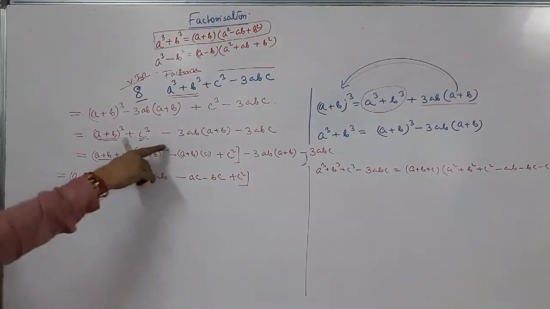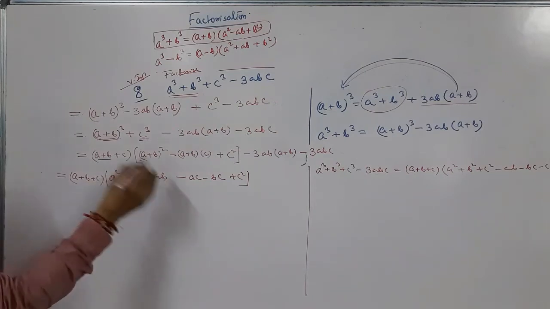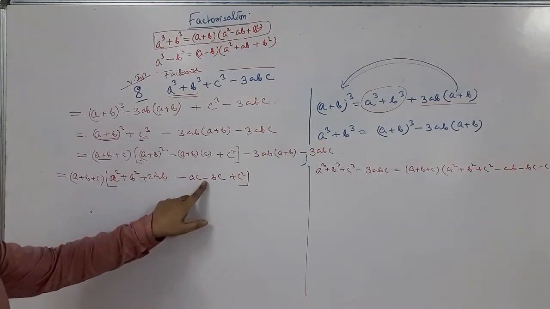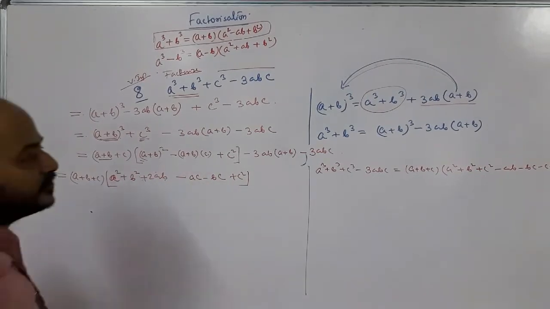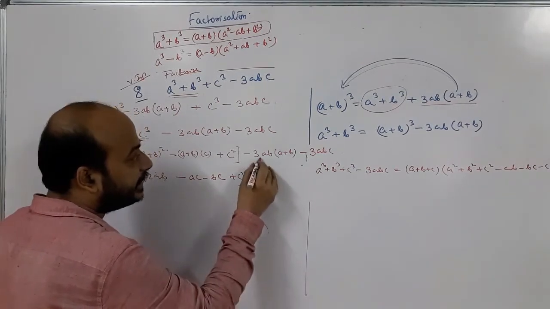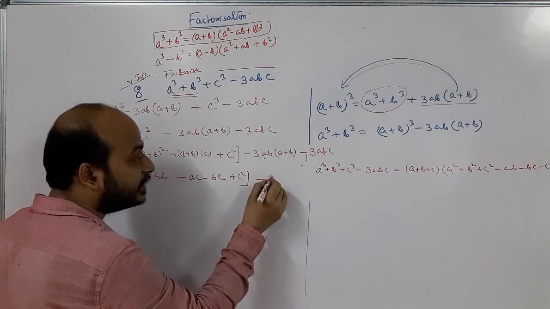So it is a plus b whole square: a square plus b square plus 2ab, and then minus ac minus bc, and this is c square. Now see, here I can take minus 3ab common in both.